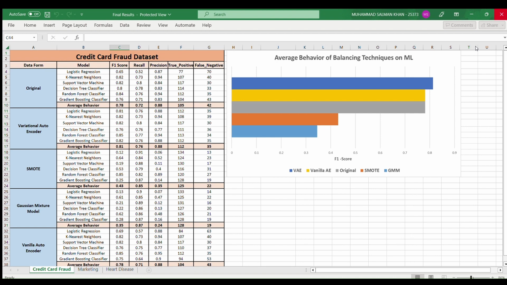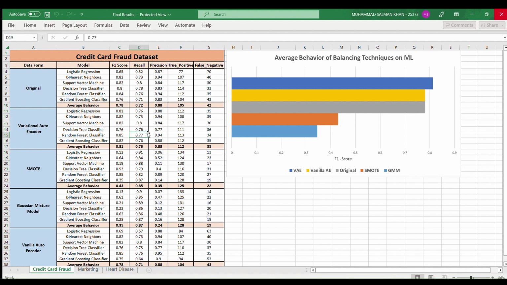Here we have the performances of different models on different modes of datasets and a little summary of it. In this experiment we found that variational autoencoder generated balanced datasets resulted in consistent and similar performances across all the models.